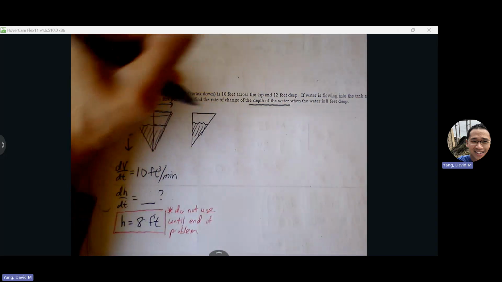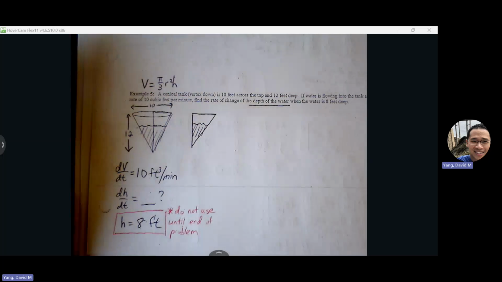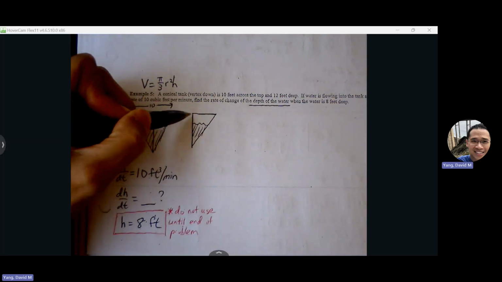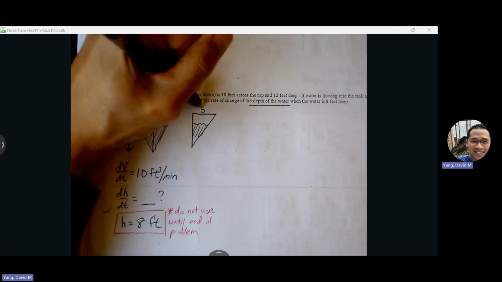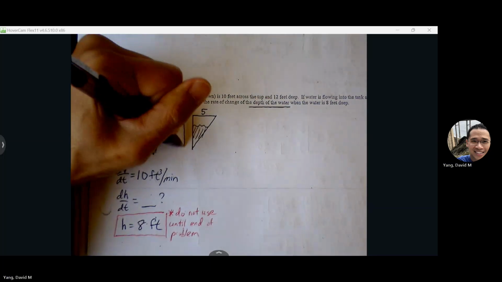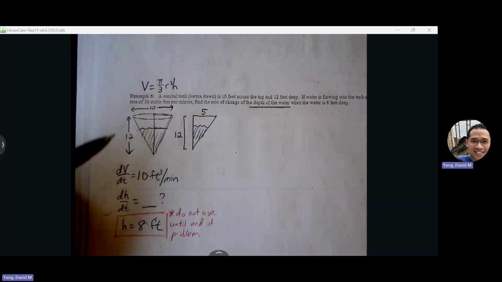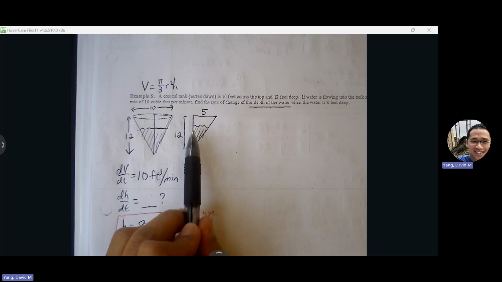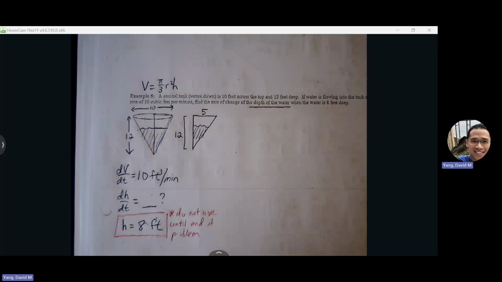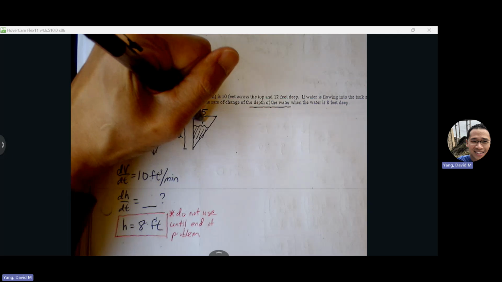This is now going to represent the radius of the container. What's the radius of the container? 5. Okay. The height is still going to be 12. But we know that as water is coming in, the radius and the height of the water level are changing, right? So these we have to leave as variables.